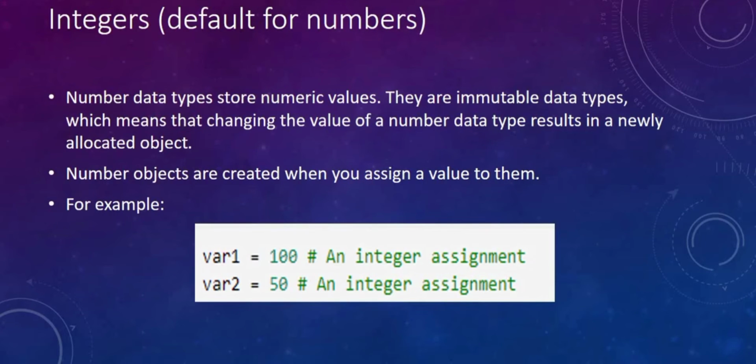Number objects are created when you assign a value to them. For example, in this picture, variable 1 is equal to 100 and variable 2 is equal to 50. That means we are assigning an integer number to the variable, either variable 1 or variable 2.